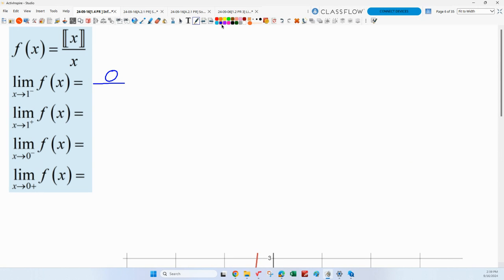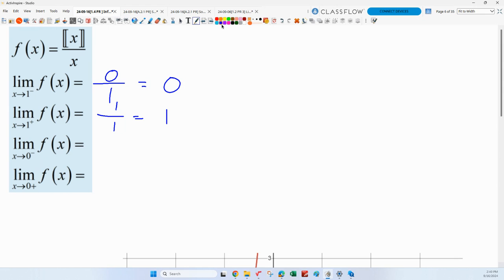What do we get on the bottom? 1. We're approaching 1 from the left side, but who cares? The number we're approaching is 1, right? So what's 0 divided by 1? There you go. That's the limit from the left. Okay? What's the limit from the right? 1 over 1, which is 1. Okay? Make sense?